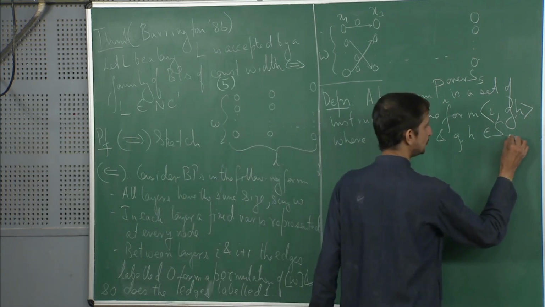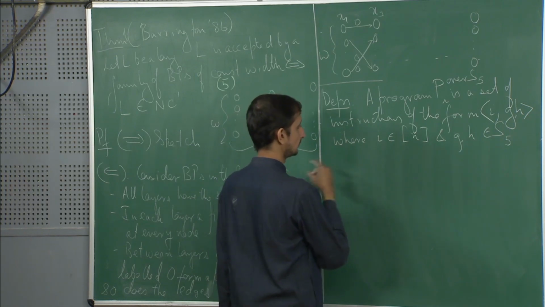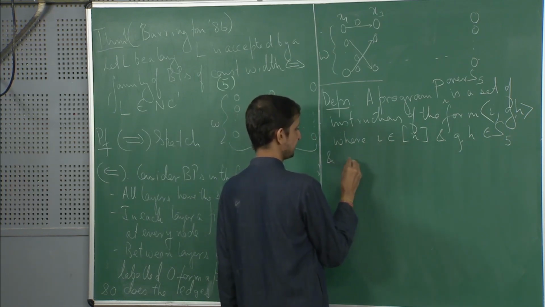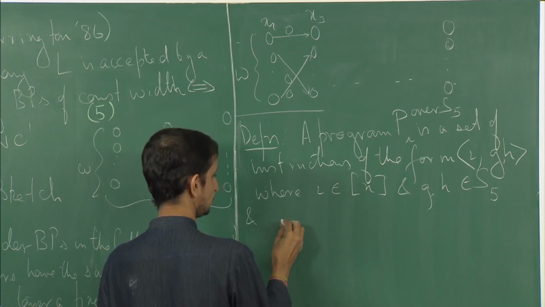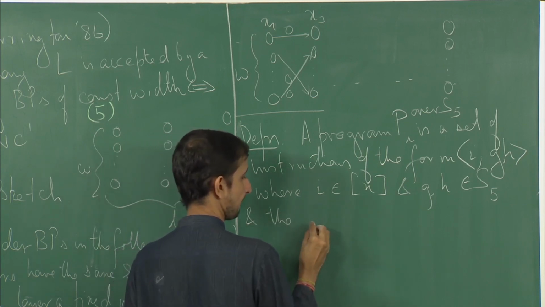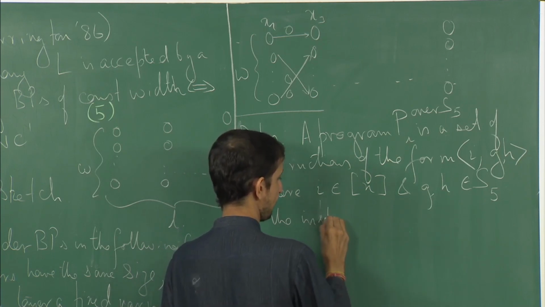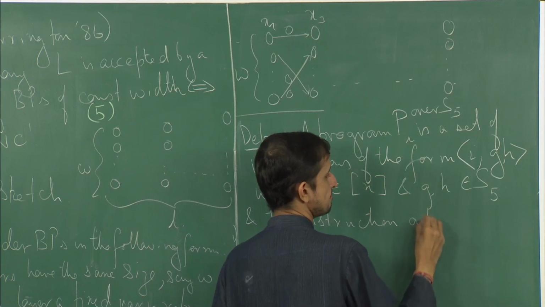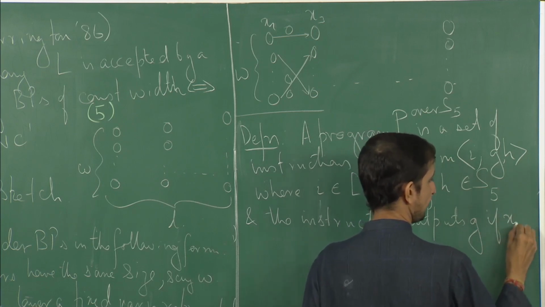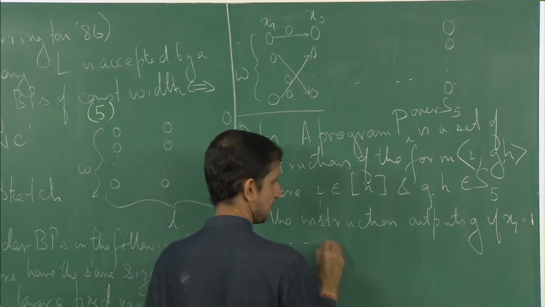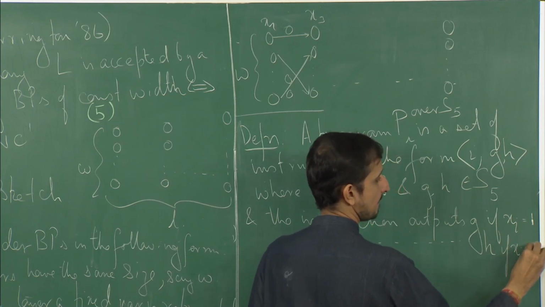So g and h belong to S5, two permutations in S5, and the instruction outputs g if xi is 1 and it outputs h if xi is 0.